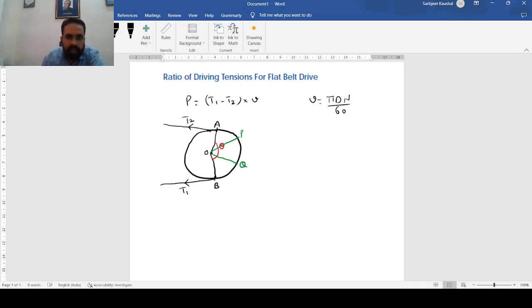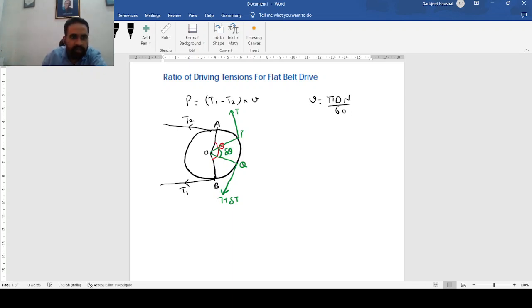Suppose at P there is the tension T, that is tension towards the slack side, and similarly here we have the tension T plus delta T, that is tension towards the tight side, and the angle made by PQ at the center of the pulley is delta theta.